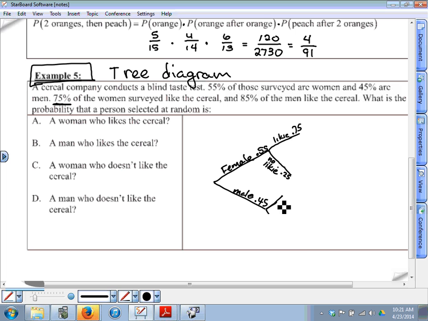And then for the men, 85% of the men like this cereal. So this is the likey branch, and that's 85, so 0.85. And then no likey would be the remaining percentage, which is 0.15.